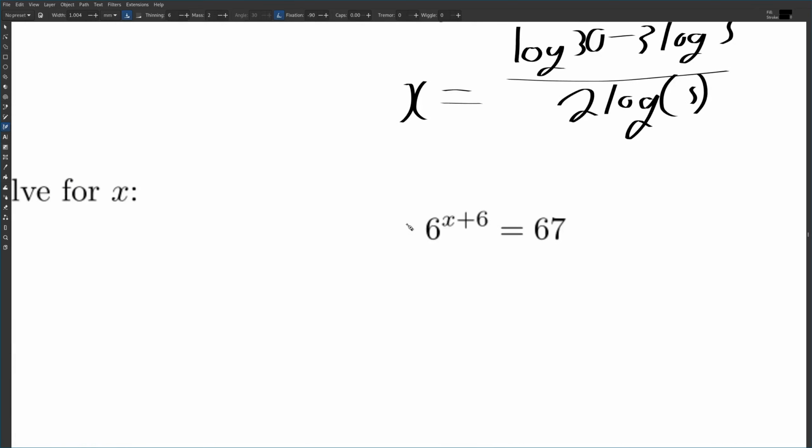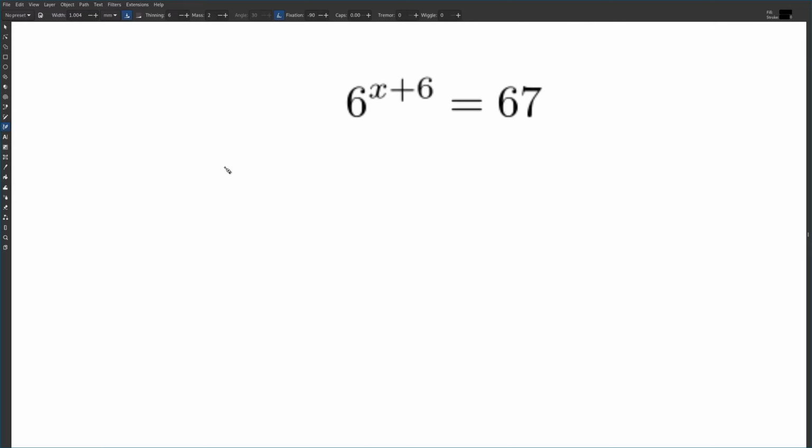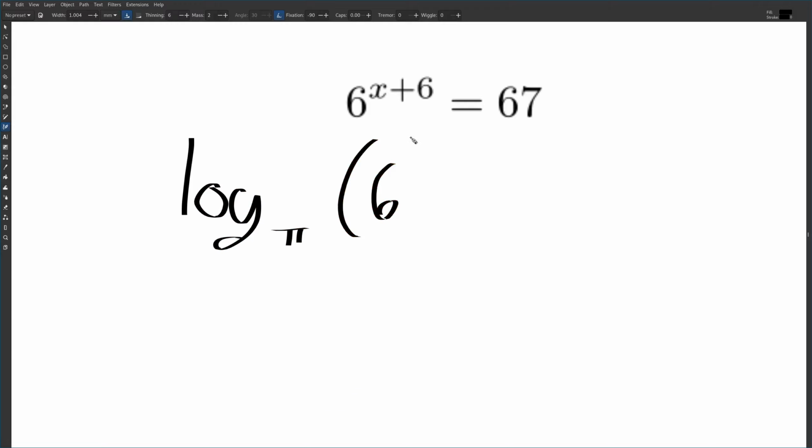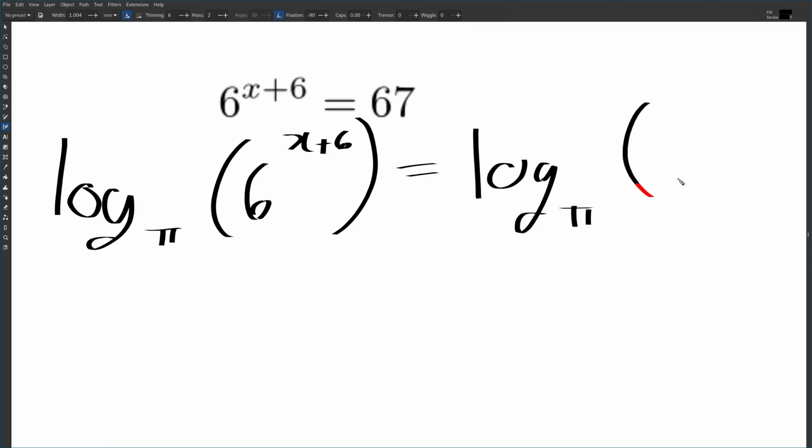Okay, another one, solve for x. We're going to take the log of both sides. I'm going to use log base pi just to make a point. You can use whatever you want. We're going to have log base pi of 6 to the power of x plus 6 equal to log base pi of 67.